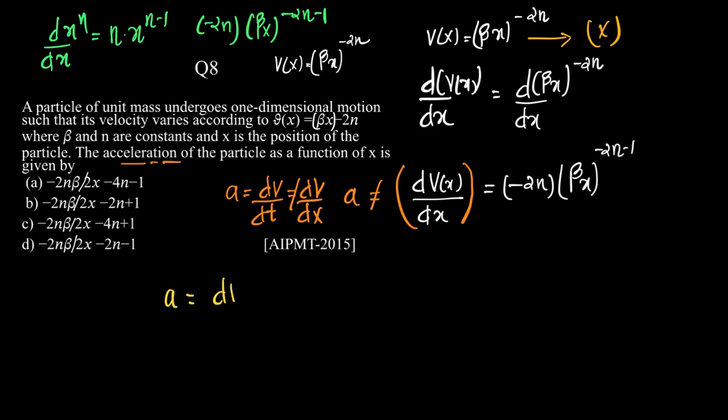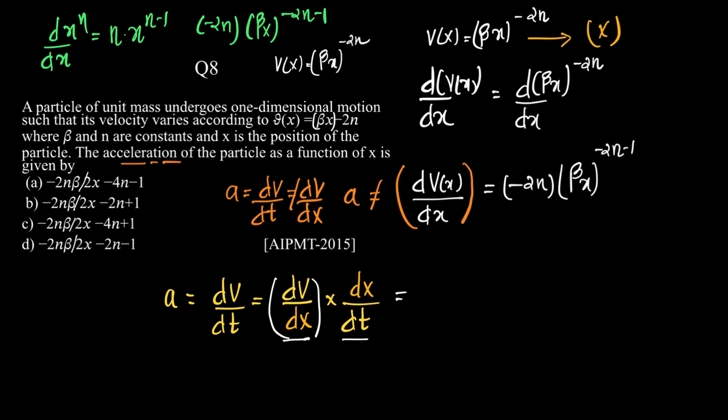Acceleration is nothing but d by dt of v, which I'll write as dv by dt, and then I'll multiply by dx over dx. So what do we get? dv by dx into dx by dt.